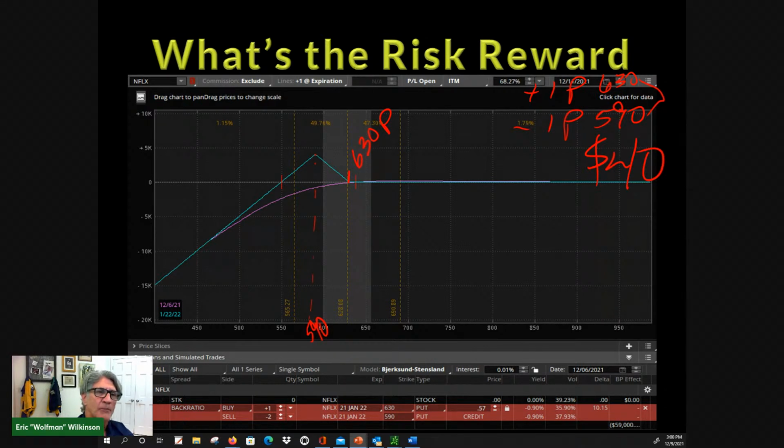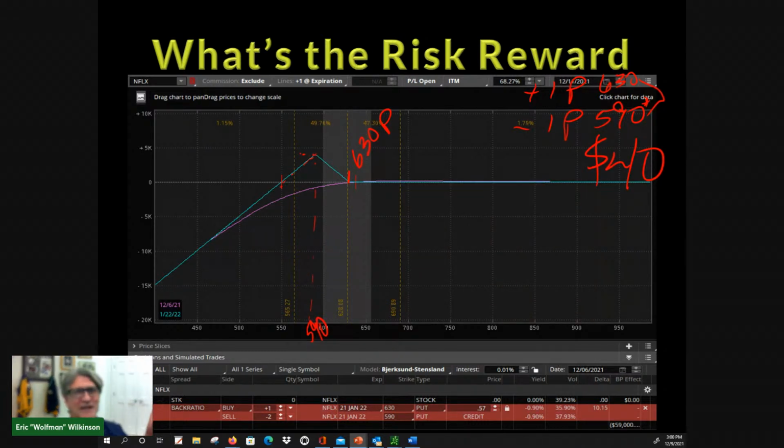Now, the short put hurts after that 590. So you can see that after 590, my profit starts going down. And it starts going down because of that short put.